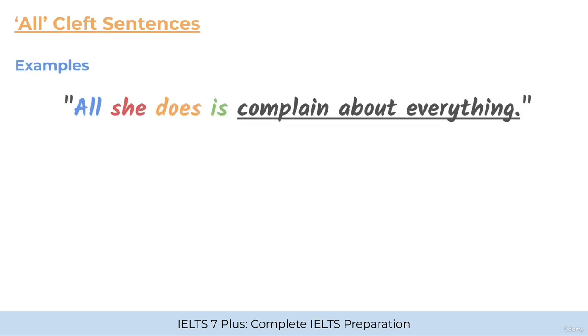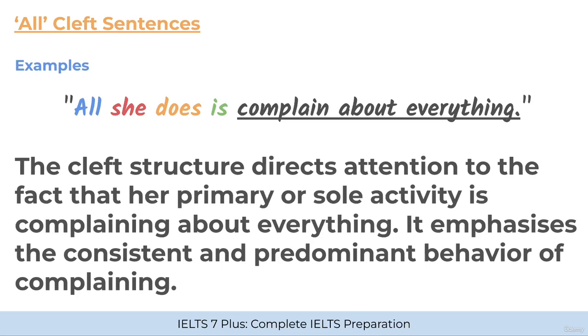All she does is complain about everything. So where is our attention? It's on the complaining. Draws attention to the fact that her primary or sole activity is complaining. Consistent and predominant behaviour of this object here.